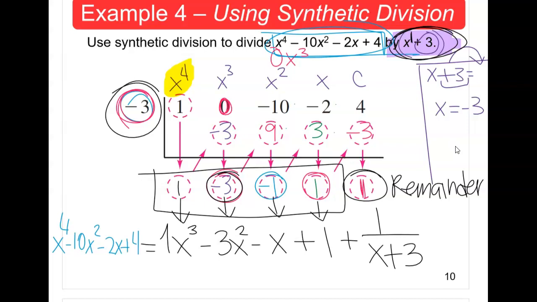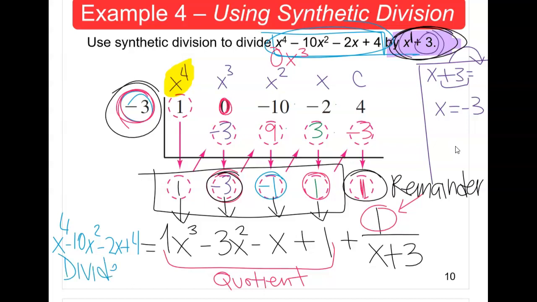So here we have it written down by using the division algorithm. So here is the quotient and the remainder, and here we have the dividend. Here we cannot say that x plus 3 is a factor because the remainder is not a 0.